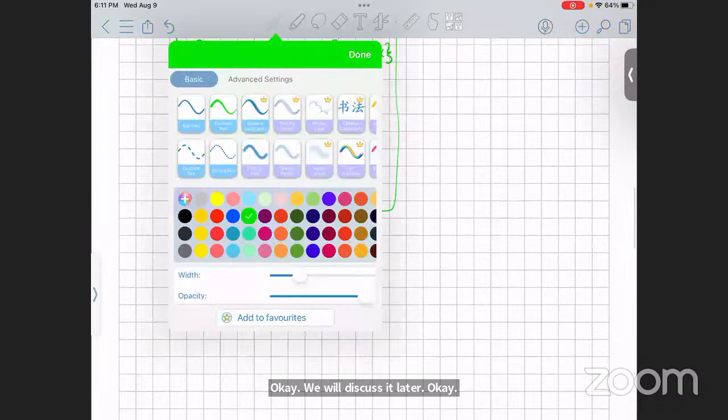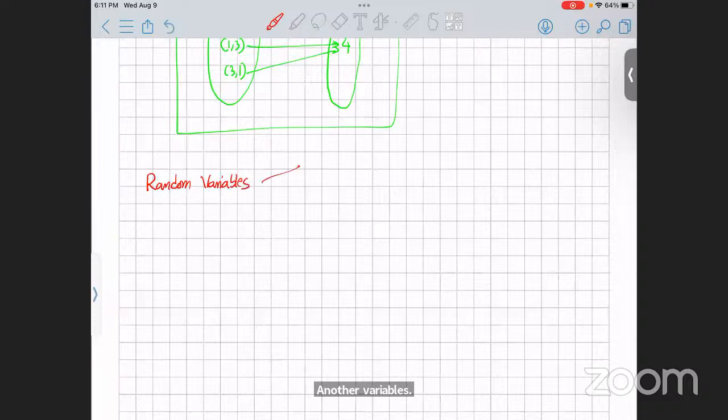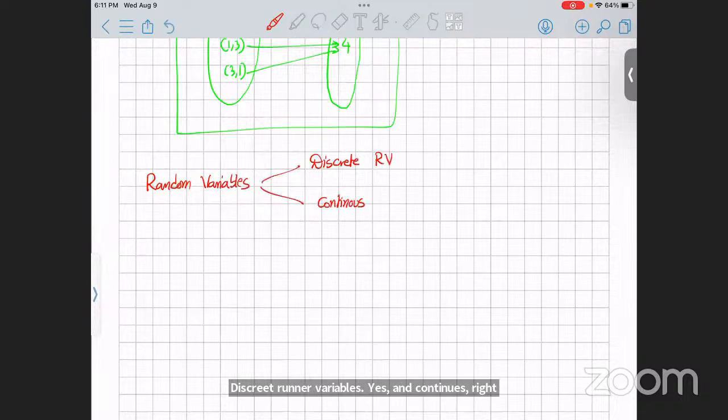Now coming to the types of random variables: discrete random variables and continuous random variables.